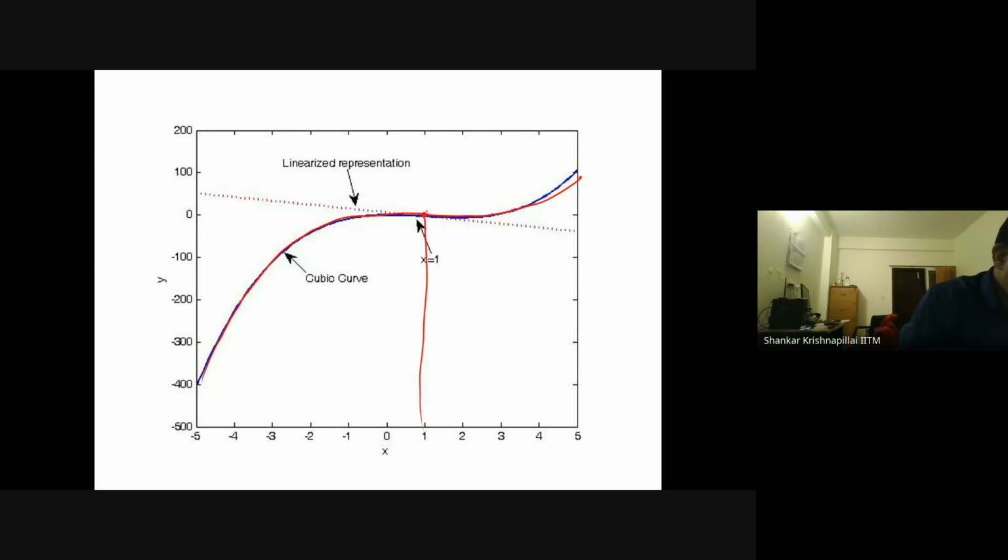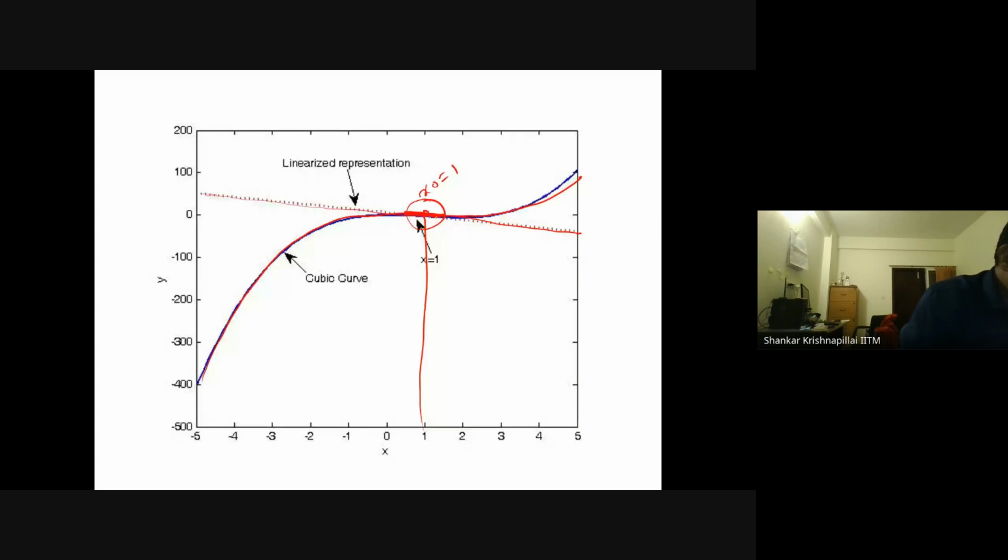This is x equal to 1, and this is our linearized expression with the Taylor series. You can see that in the vicinity of x naught equal to 1, the cubic function can be approximated by this straight line, the truncated Taylor approximation. This is the meaning of linearizing an objective function at a particular value.